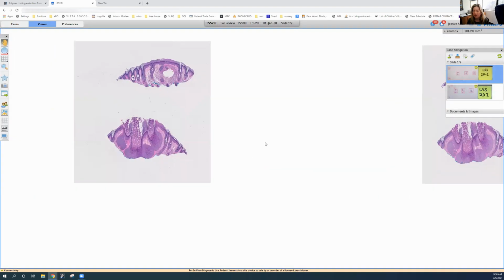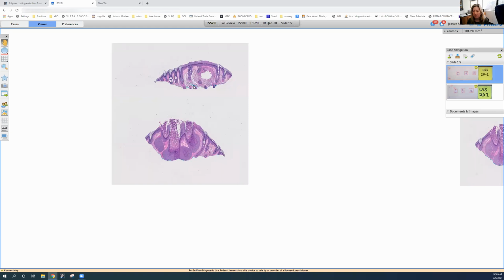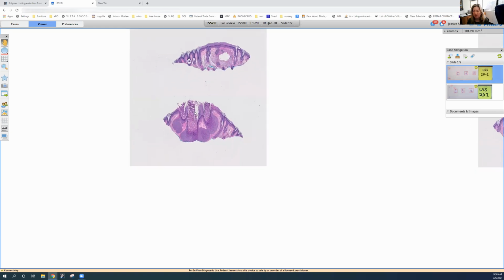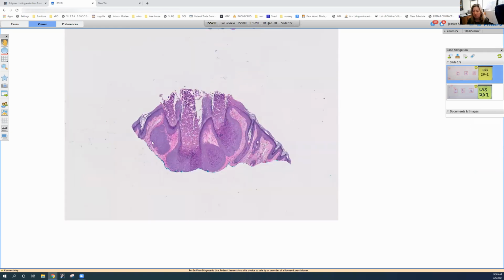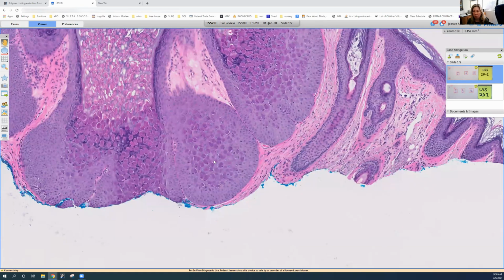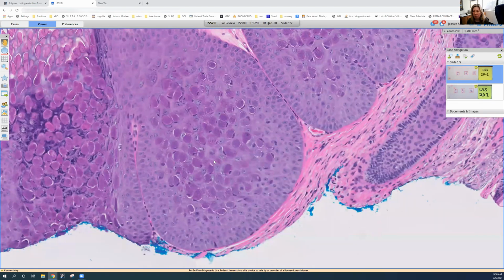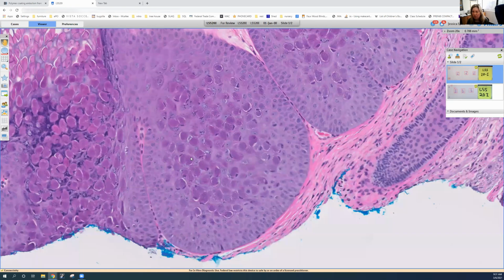Next case. So we have a smaller shave biopsy than the last case. You can see we've got this crateriform lesion, like a little volcanic crater, with epidermal acanthosis and a lot of pink at low power, kind of a purpley pink color. And these are intracytoplasmic inclusions in the keratinocytes, pushing aside the nucleus.